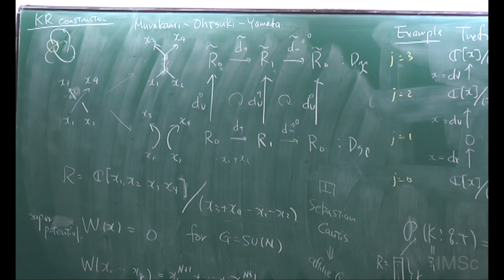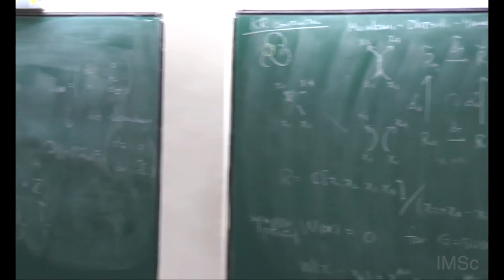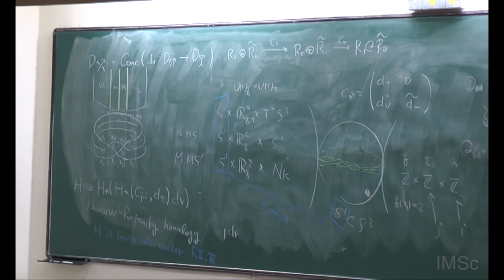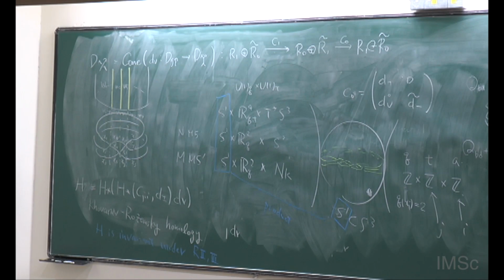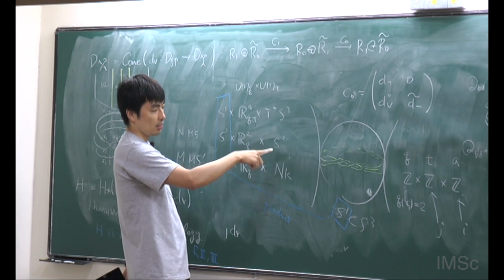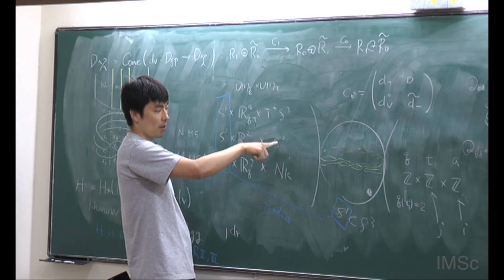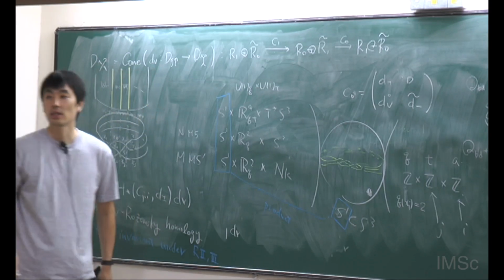In the deformed Chern-Simons theory, you have equivariant parameters Q and T, so there are two gradings coming from the equivariant action, a U(1) Q and a U(1) T, which act on BPS states. Yes, the M2 brane gives you the BPS states. The BPS state arises from the M2 brane stretched between M5 and M5'.